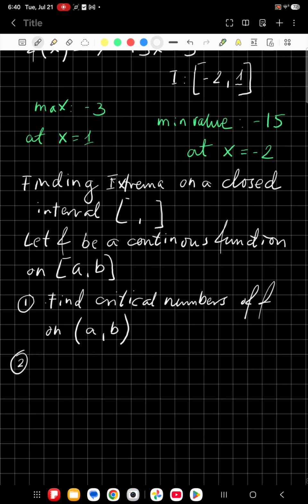Then we can evaluate the function for critical numbers and endpoints.